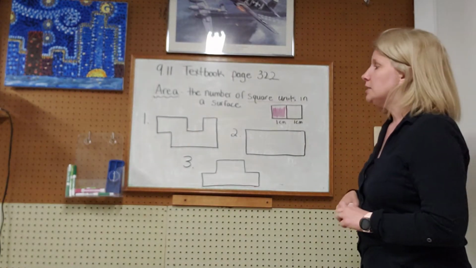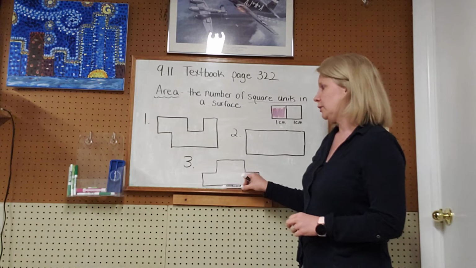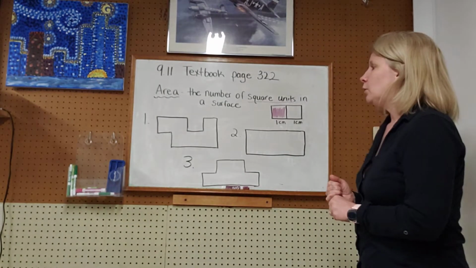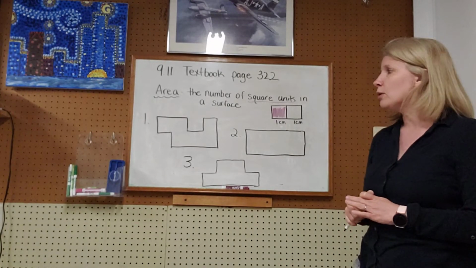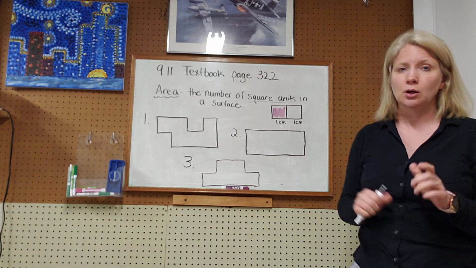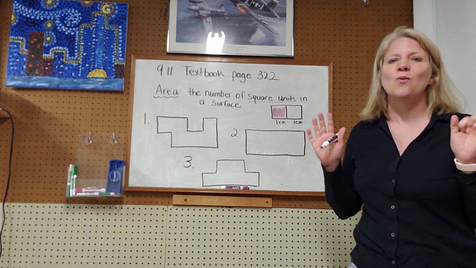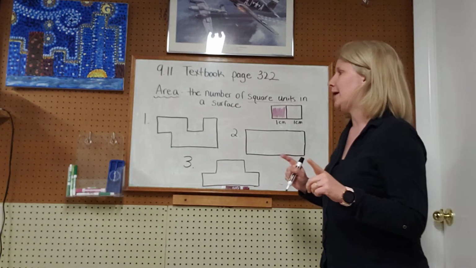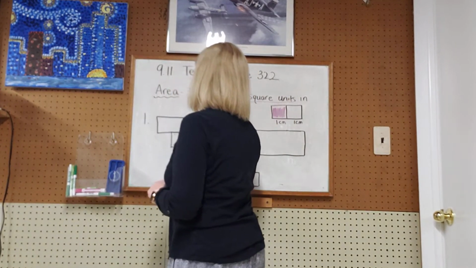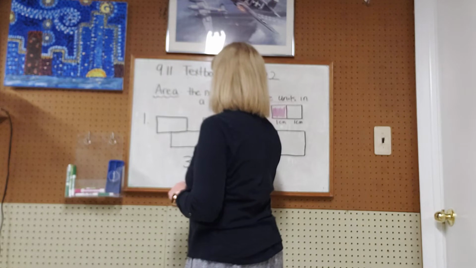Okay. So let's look at number 1 in your textbook. We're only going to do 1, 2, and 3. It's pretty simple. I don't want you to get really worried about doing this. So if we broke number 1 up into 1 centimeter squares, you can use your ruler to do this.